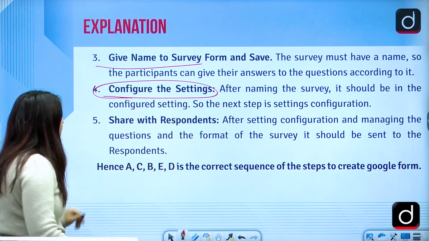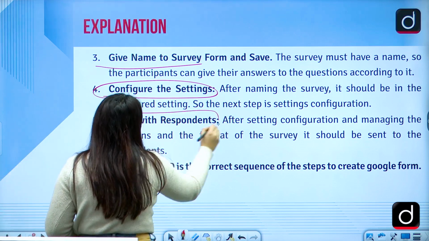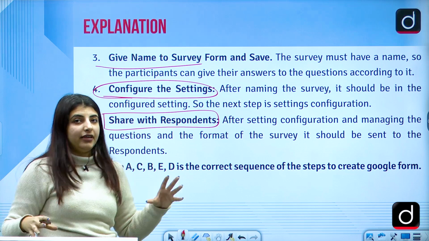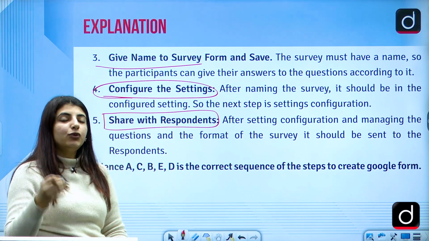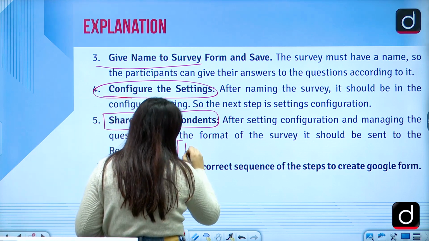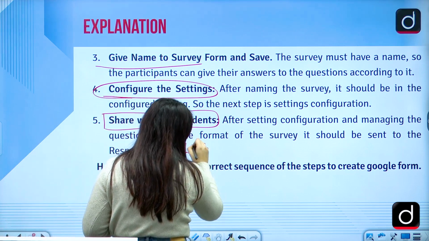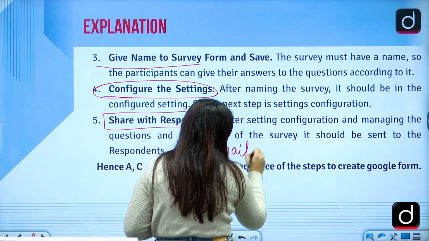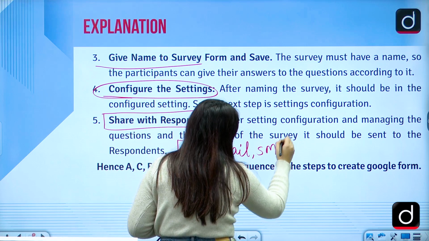And at the last point, when your Google Form is made, you will have to share it with the respondents, which can be done via link or via mail or SMS, howsoever you want it.